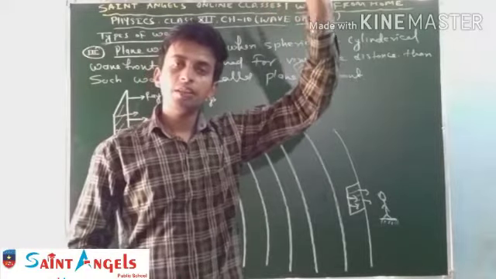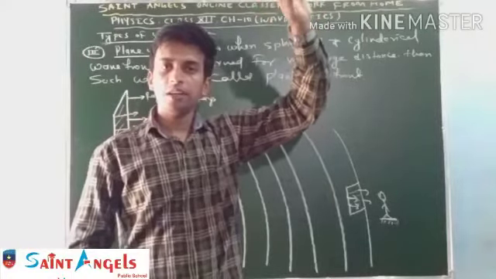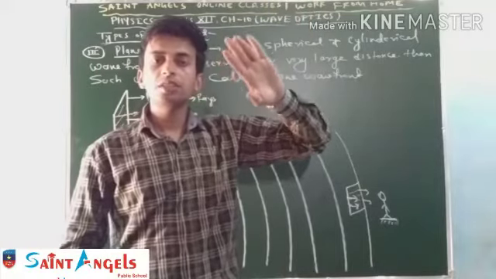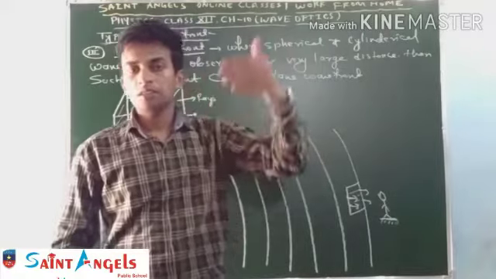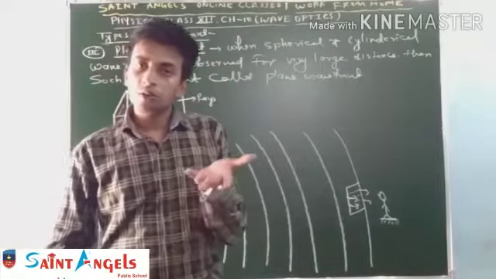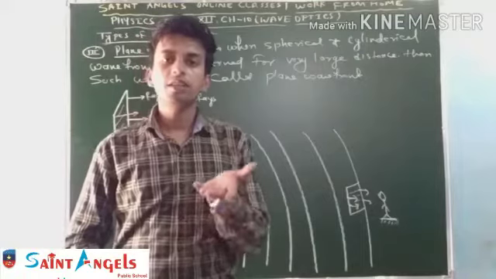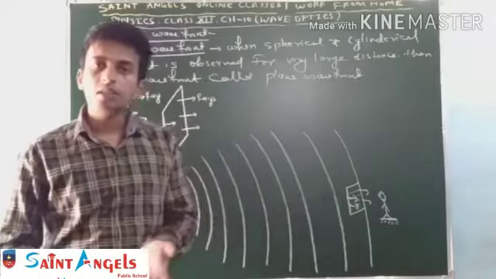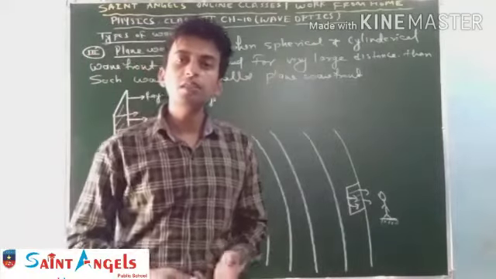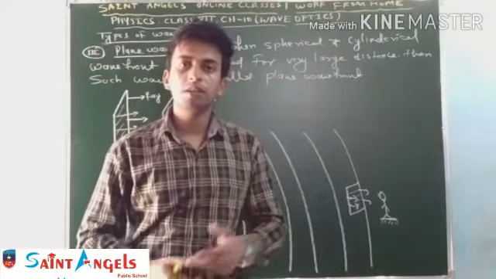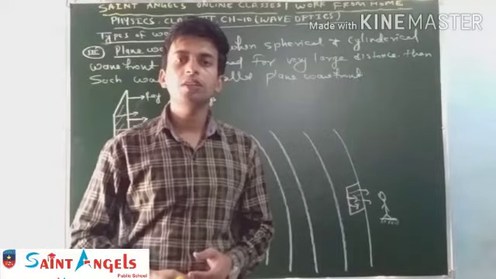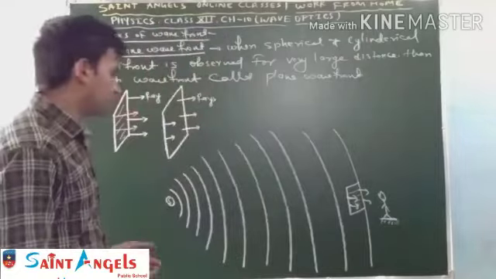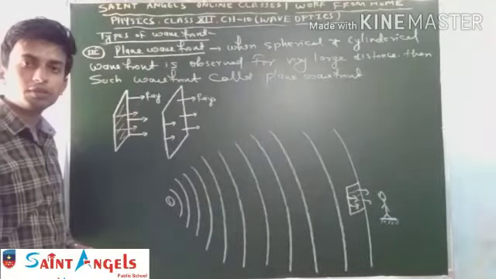Because as the spherical wavefront comes towards the earth, its curvature decreases continuously, and due to the very large distance, on the earth's surface it acts as a plane wavefront. So the wavefront received by the earth's surface from the sun is a plane wavefront, not a spherical wavefront. I hope all of you clearly understand the plane wavefront. So please pause the video and note in your notebook.